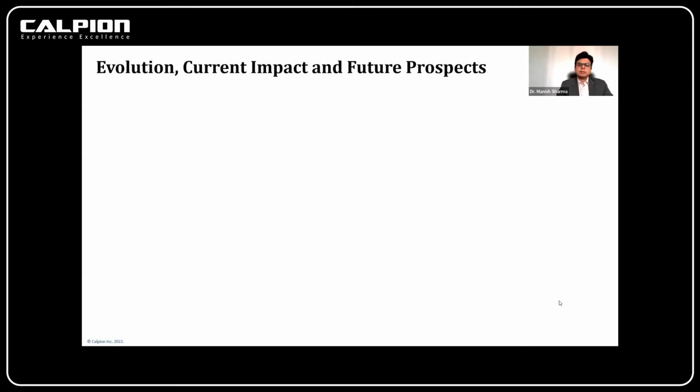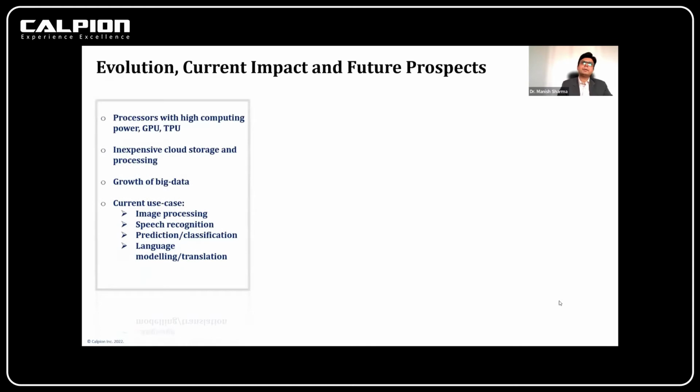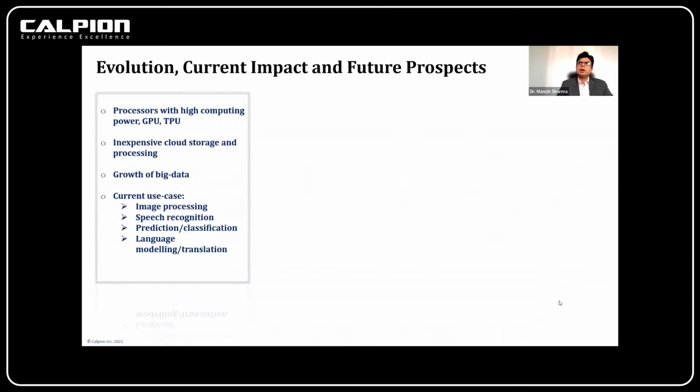The reason is the evolution of computational power. In the past 10 to 15 years, we have been introduced to GPUs, TPUs, easy accessibility of data with the help of big data, and easy access to cloud storage and cloud computational power, which is not so expensive. And now every industry has data to play with. That gives the right kind of environment for deep learning to flourish.